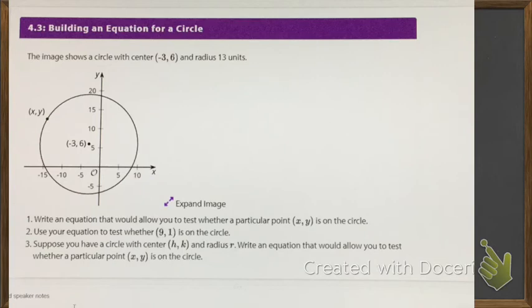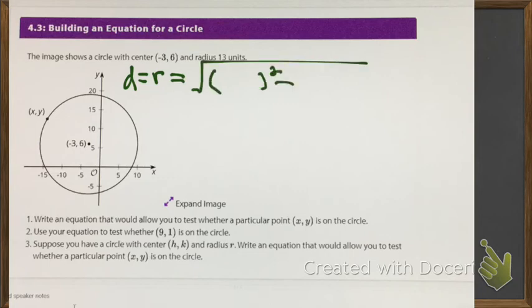All right, so now we take it down to the whole enchilada. We know that the distance in a circle, we call it radius, so we use the letter R. And we know this is the formula for it: the difference of the x's plus the difference of the y's, both squared, because it's based on the Pythagorean theorem.